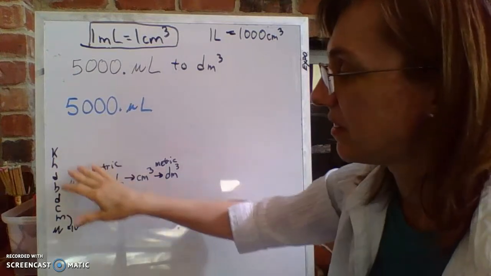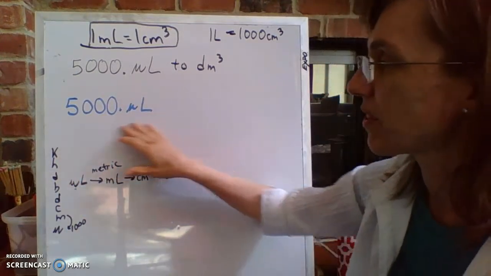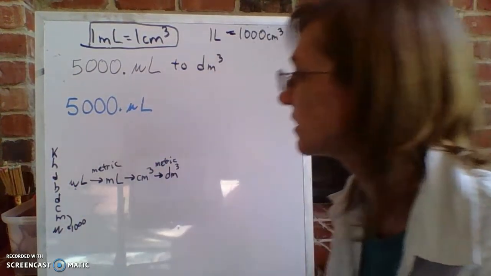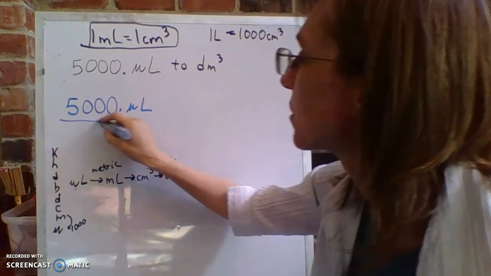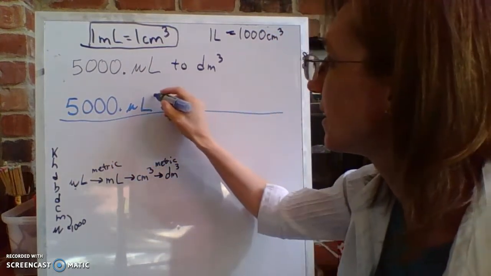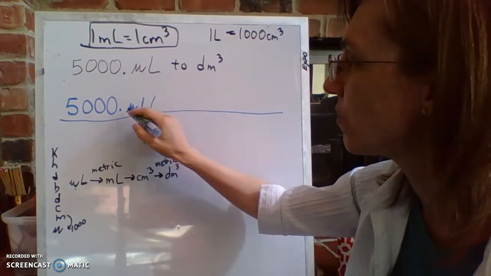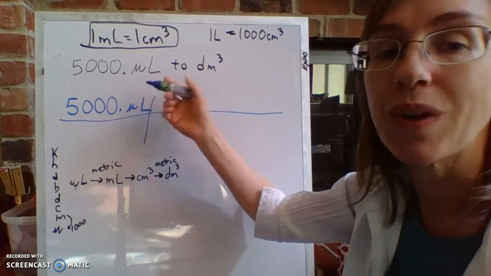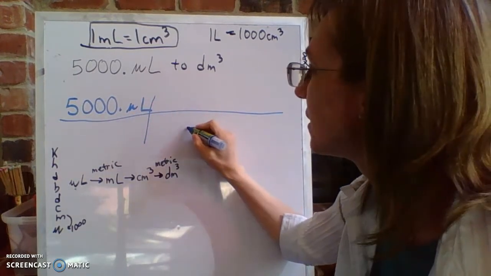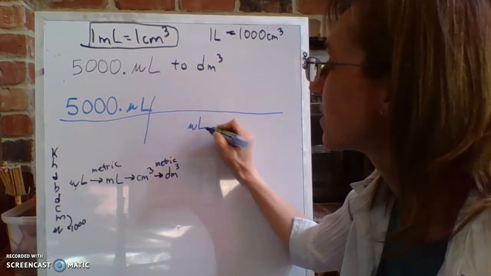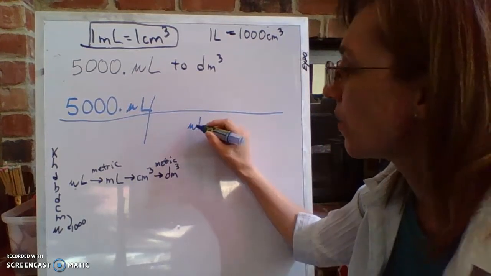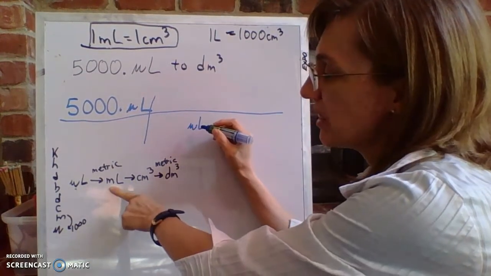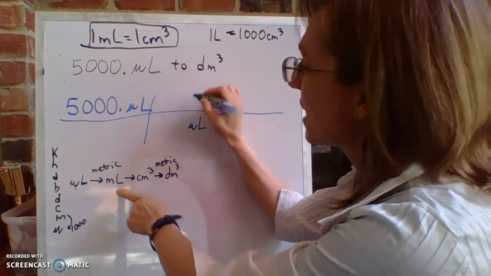All right, well, let's go ahead and start off with our microliters. And I'm going to put my little grid in here. We've got micro on the top. So we know to get rid of the microliters, we have to put it on the bottom in order to cancel it out. Well, we want to go from micro to milli, so that means milli has to be on the top.